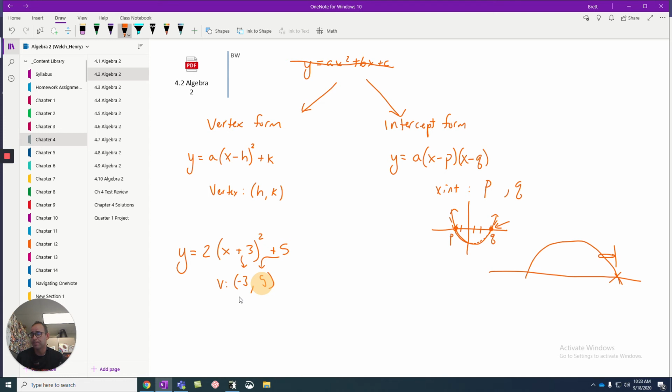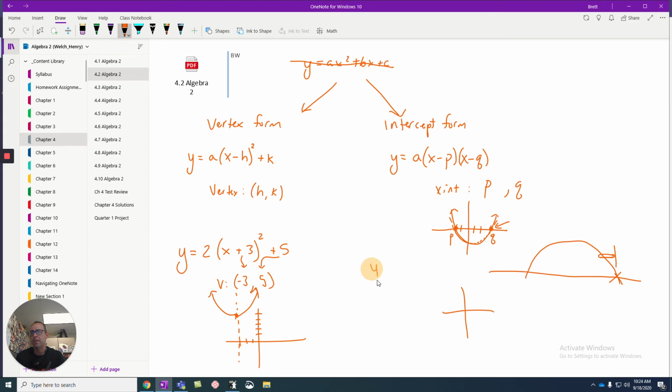I'm still going to have to find some other points, but I know that at (-3, 5) I have my vertex, and my axis of symmetry goes right through that. I also know it's upward trending because the 2 is positive. Just got to figure out some points.